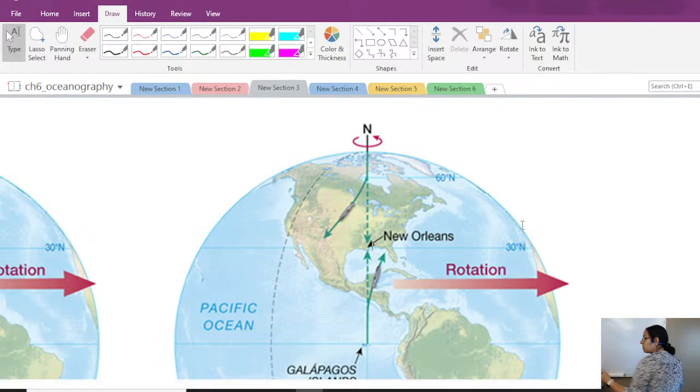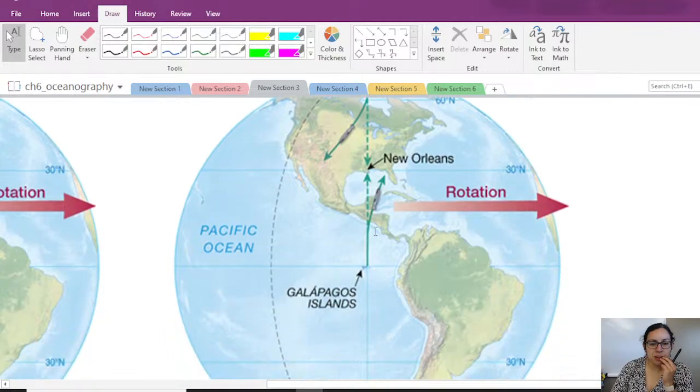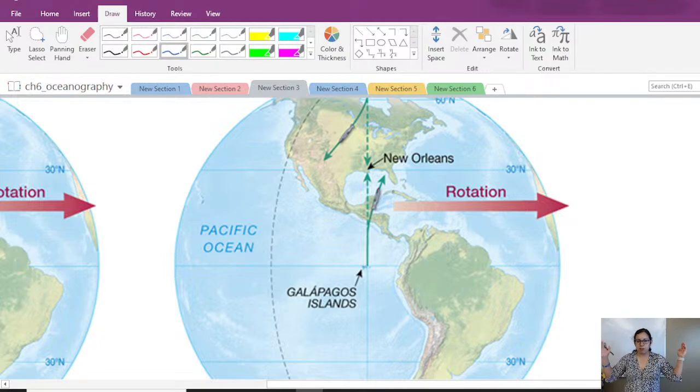You have to orient yourself from the bomb, so it looks like you're going right, and you're always right if you're orienting yourself from the bomb's direction. So from the Galapagos Islands, to hit New Orleans, we have to compensate and go to the right, at least from the perspective of the bomb.